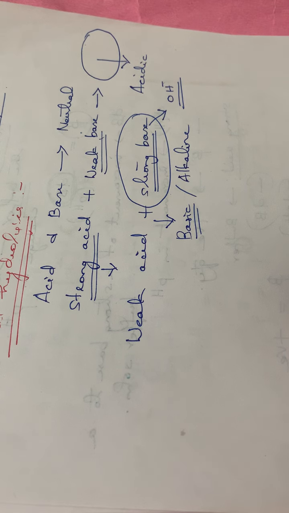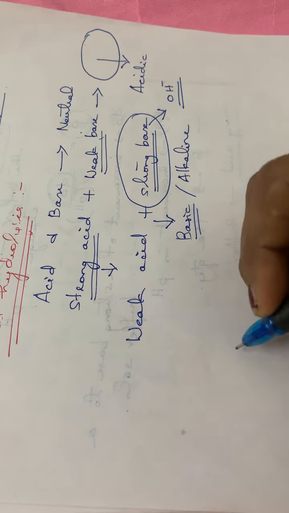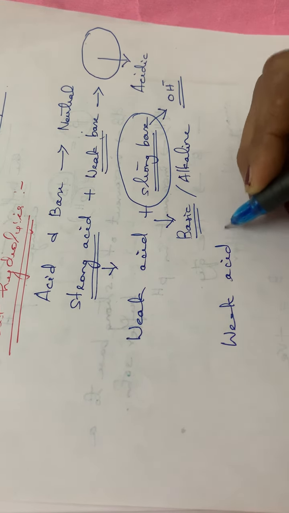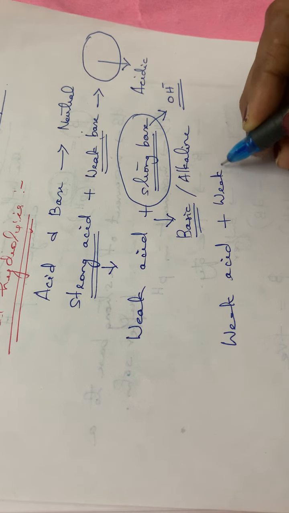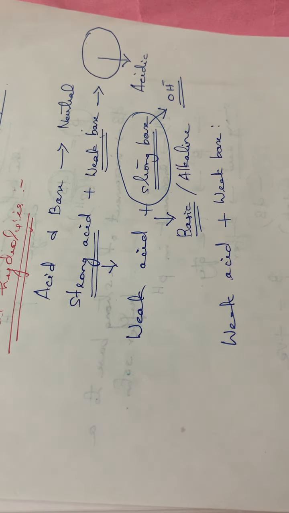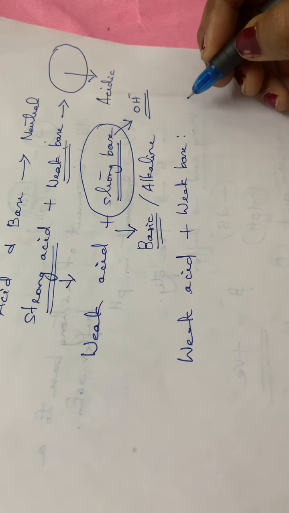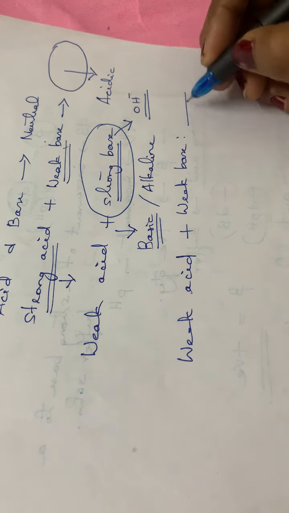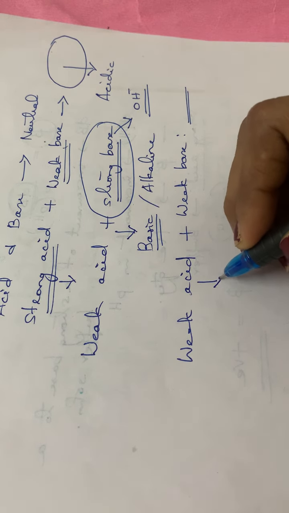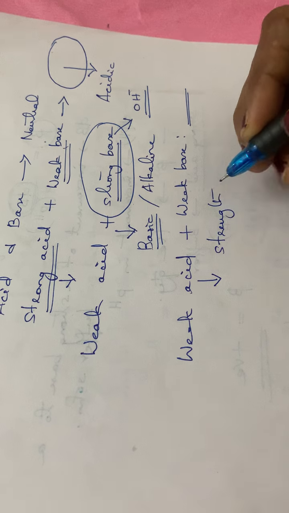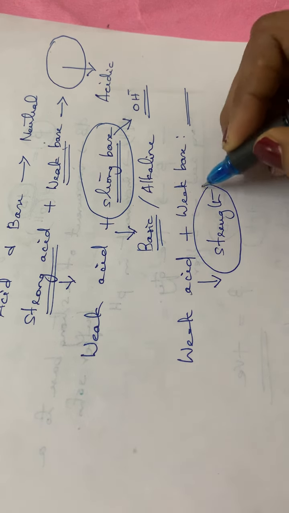And again, when both acid and base are weak, that is a weak acid and a weak base, we cannot predict the nature of the resulting solution. The nature of the solution depends on the acidic strength or the basic strength.